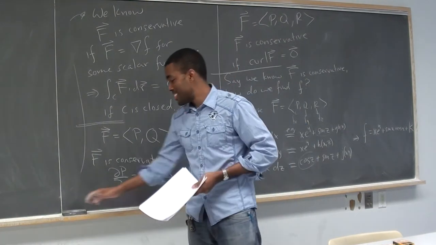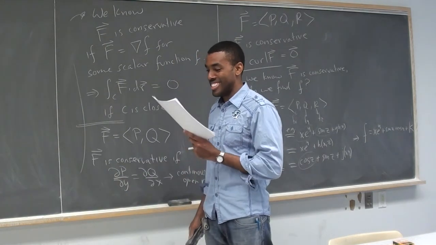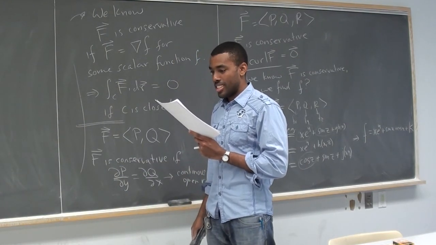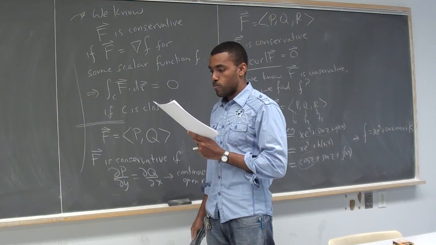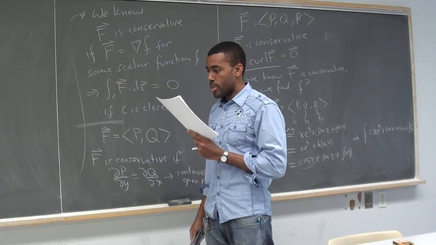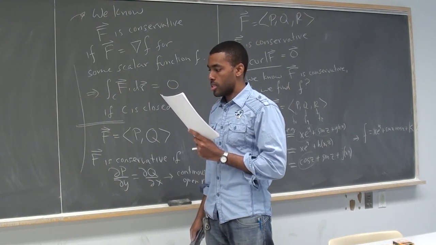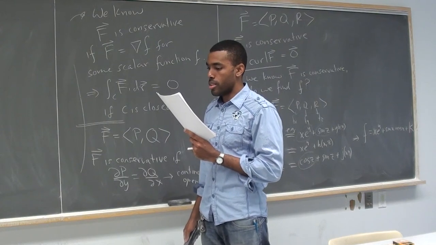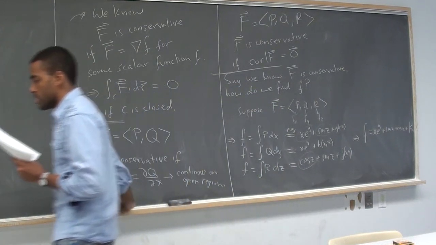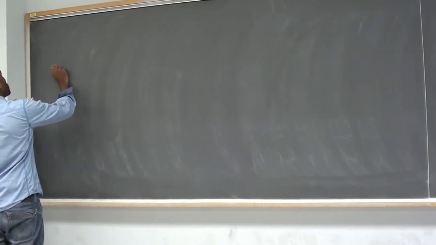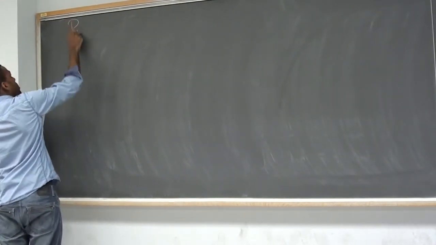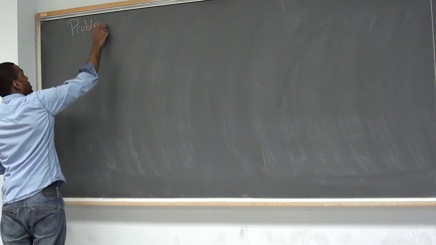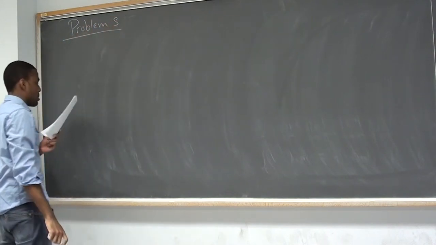Oh yeah, found it. Look at this. Okay, let's do an arc length one. This is actually a previous example that we did. Now we're getting to the problem section.